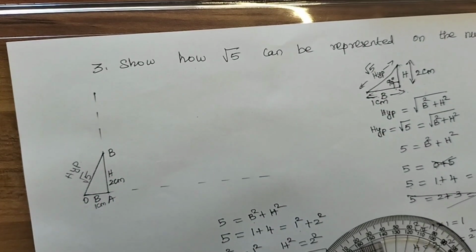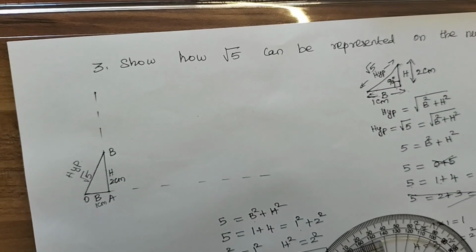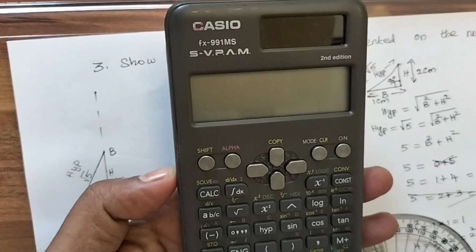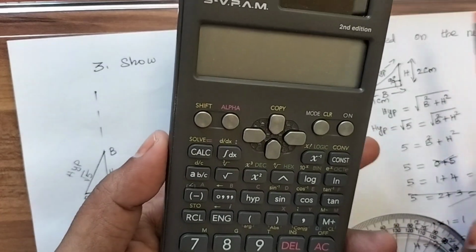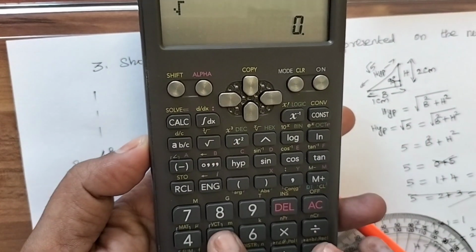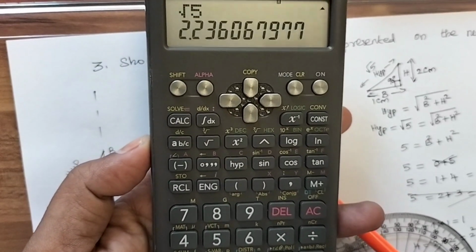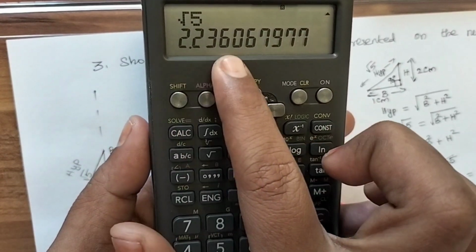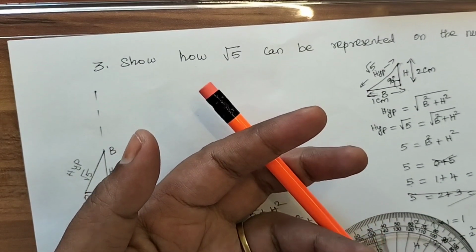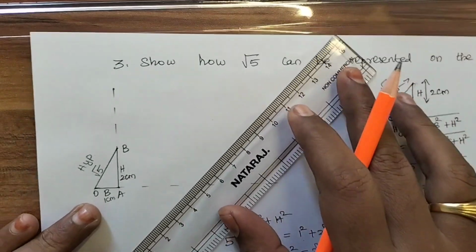So now how will I know whether this root 5 is properly measured? For that, use the calculator. Using the calculator, just give root 5 and then press equal to; what you are getting, 2.236. So near 2.2 centimeters, I should get the measurement.